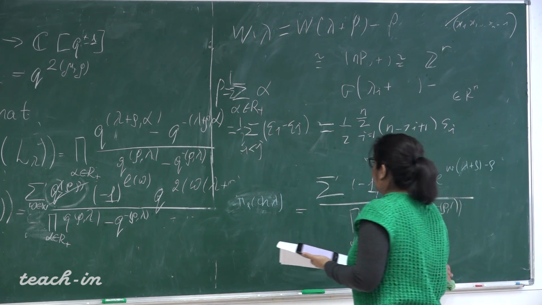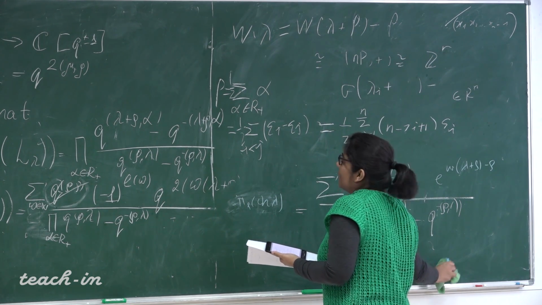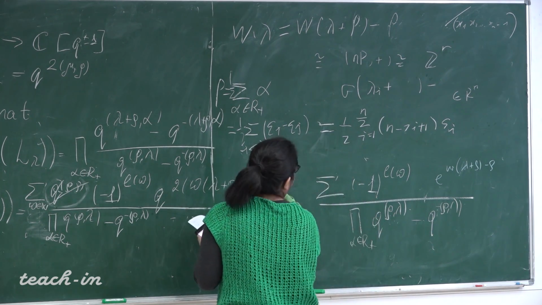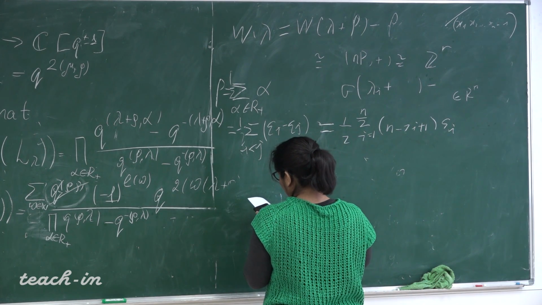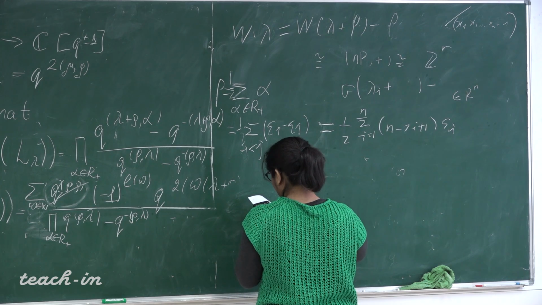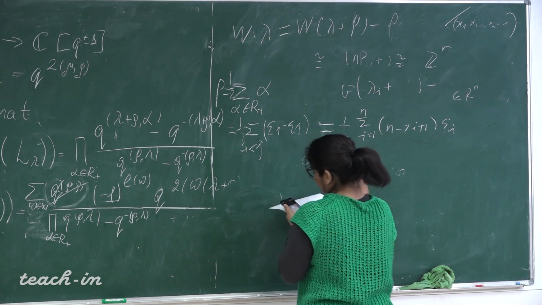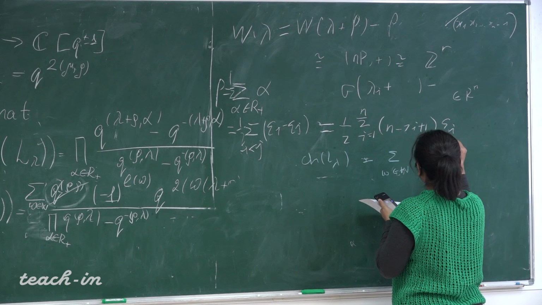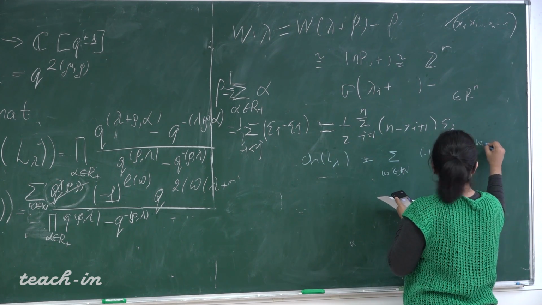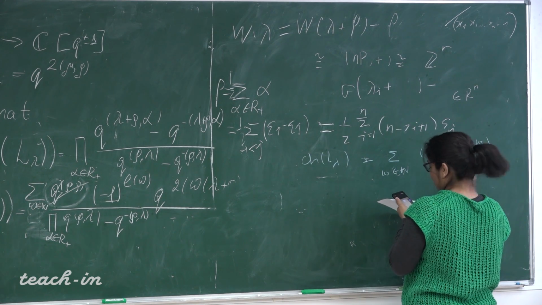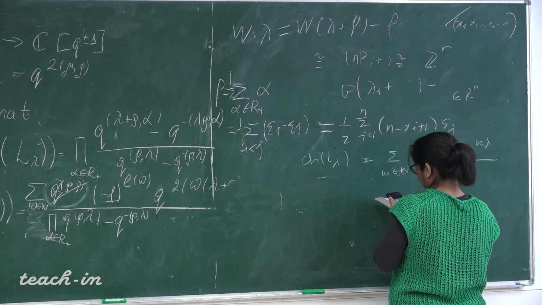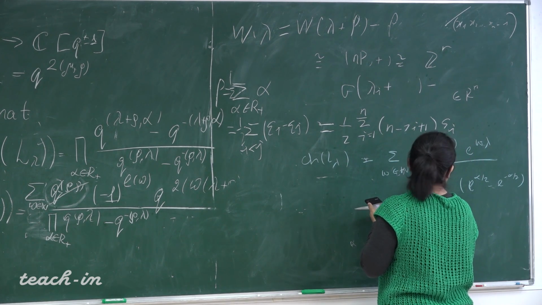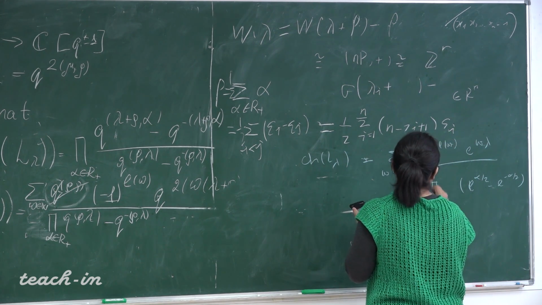Okay, so let's rewrite it in this form. Basically, the idea is that let's just go back to what we had, and here it was to the power minus 1, right?